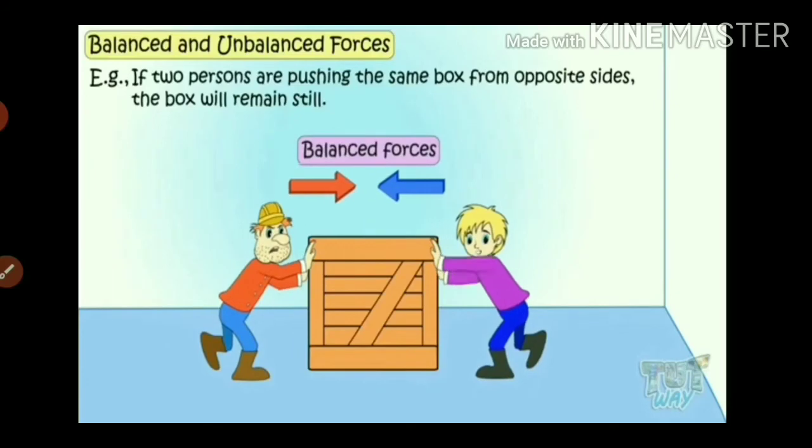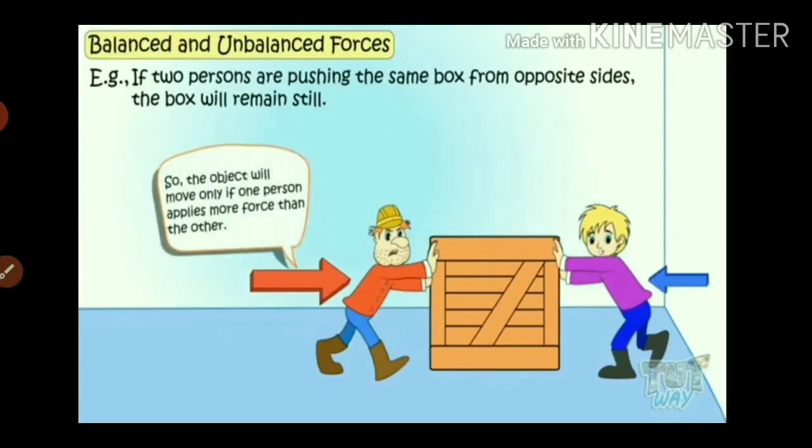The object will move only if one of the persons applies more force than the other. That is, there is an imbalance in the forces. So movement is caused only if unbalanced forces are there.